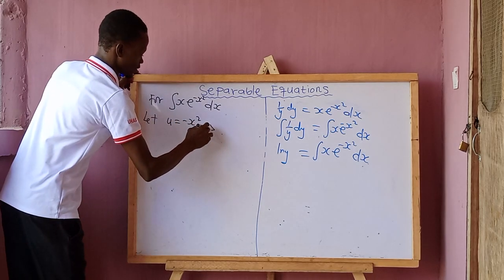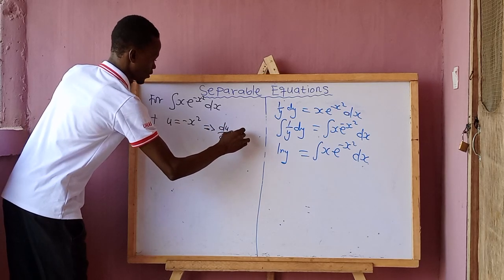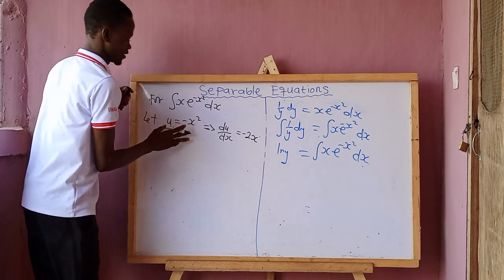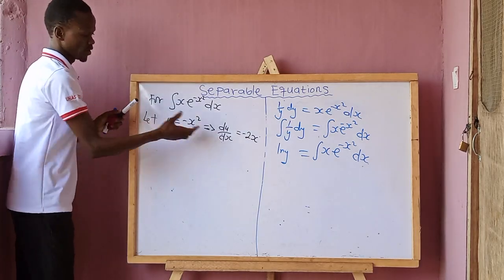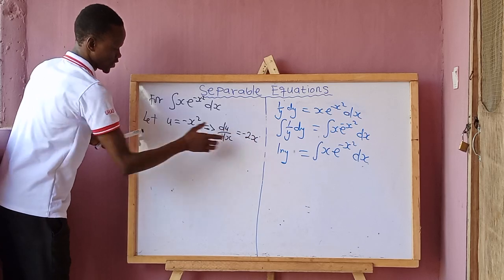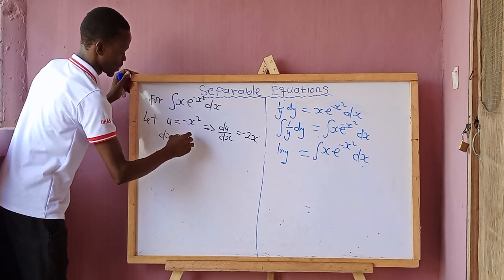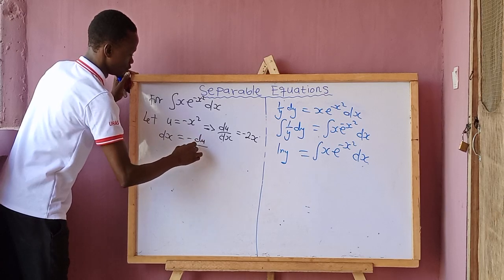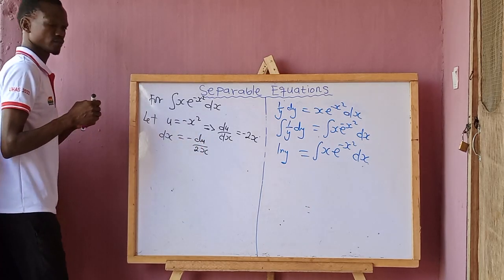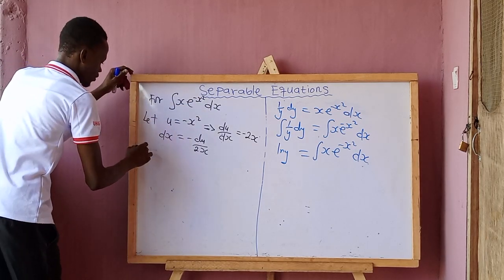When we differentiate it, du/dx, we get negative 2x. From here, we make dx the subject, and we obtain dx to be equal to negative du over 2x.